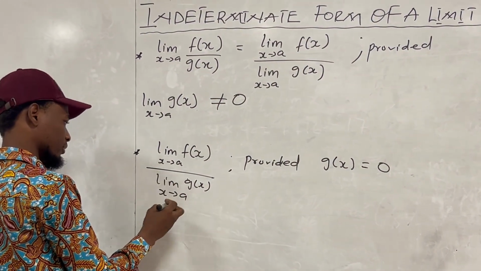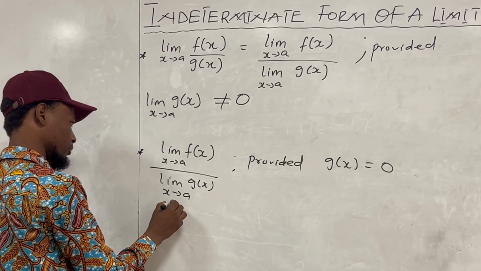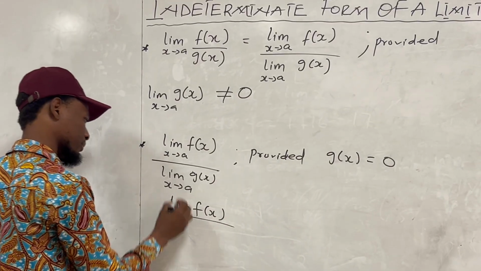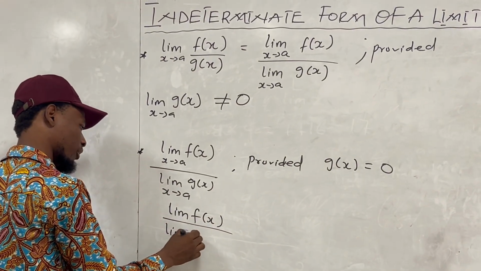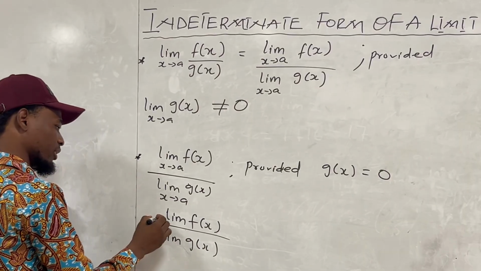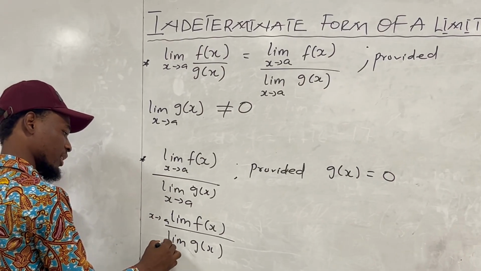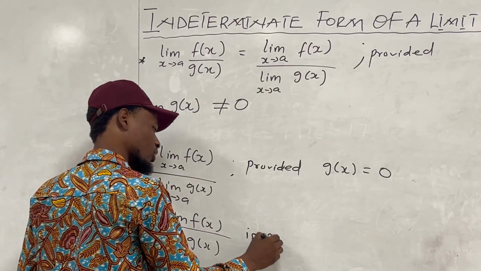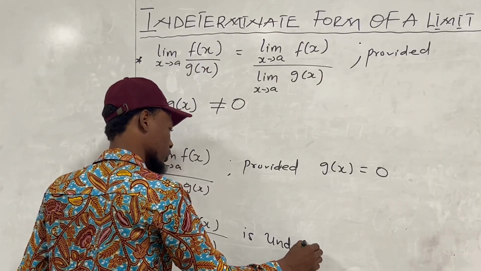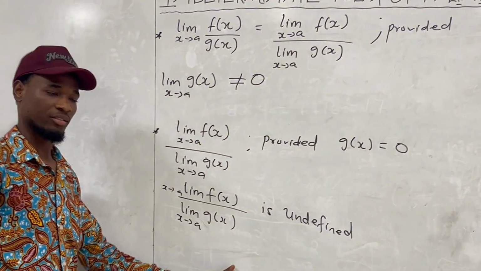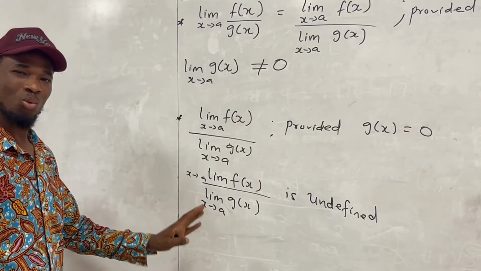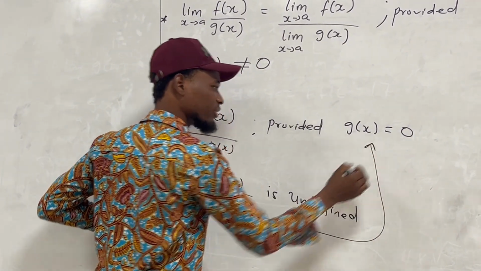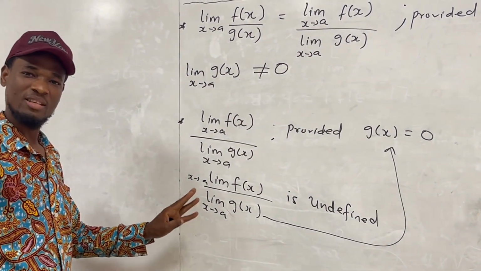We have the limit of f of x over the limit of g of x, as x approaches a. It is undefined or does not exist. Why? Because the denominator is equal to 0.